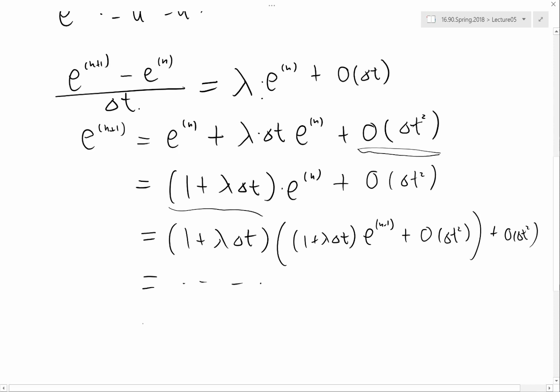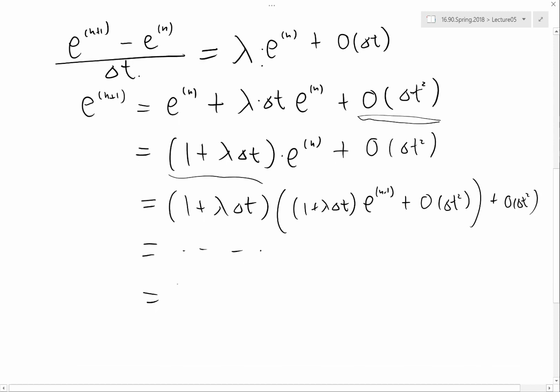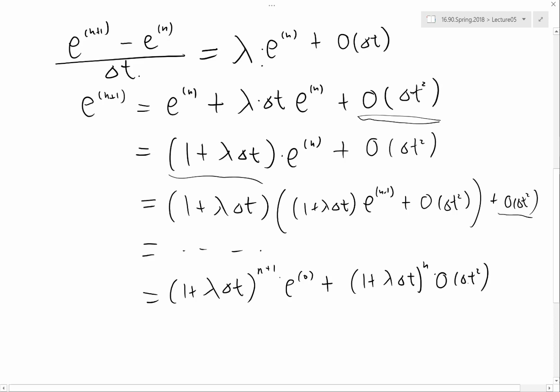And I can say dot dot dot, it is equal to 1 plus lambda delta t to the what? To the n+1th power times E 0, right? Okay, plus 1 plus lambda delta t to the nth power times the first time this O delta t squared is added, right?